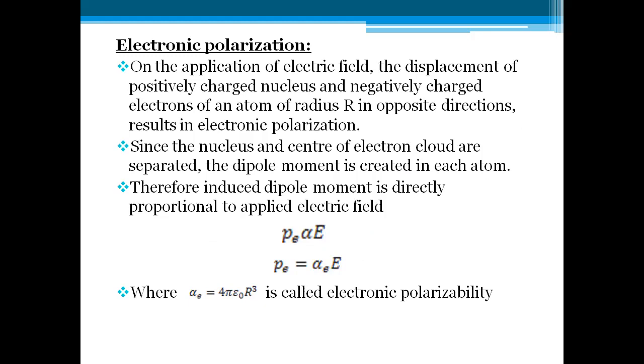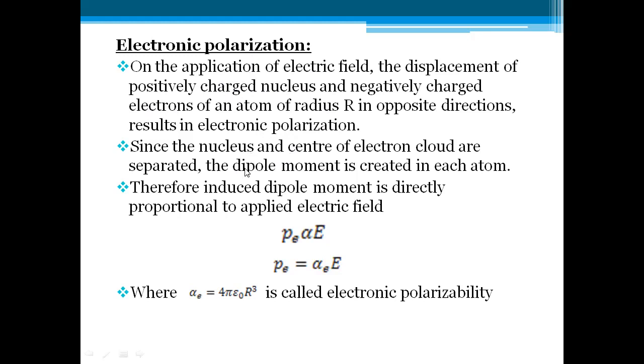In electronic polarization, the positively charged nucleus and the negatively charged electrons of an atom get displaced in opposite directions due to the application of an external electric field.